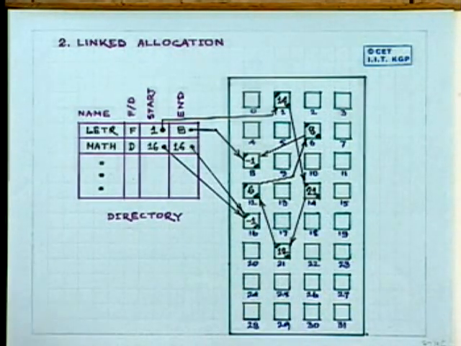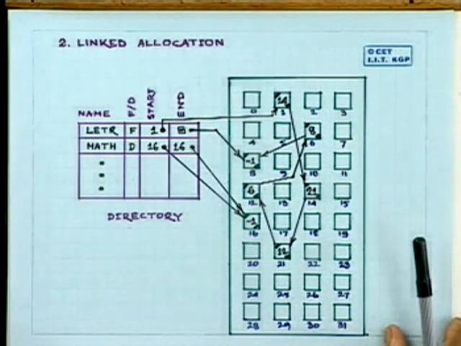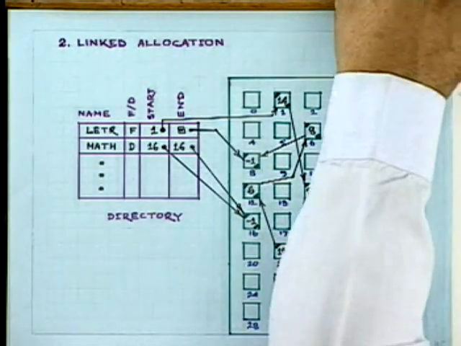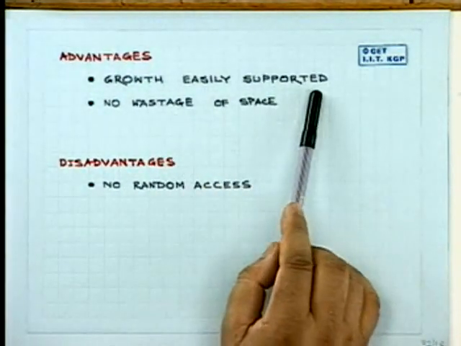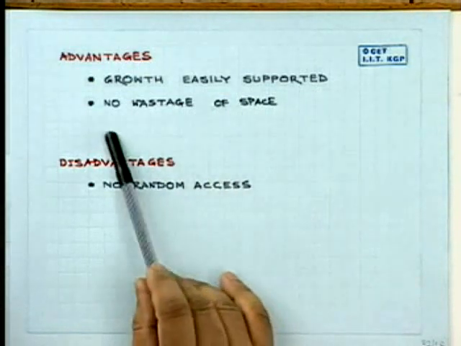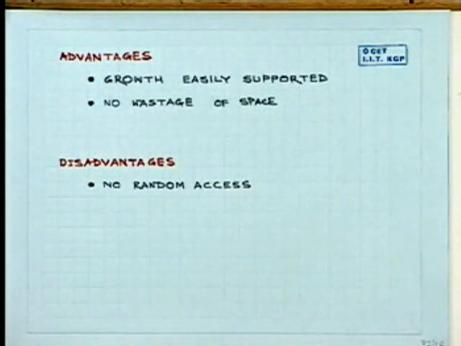This is our linked allocation, and in the case of a linked allocation, you can see immediately the advantage we get is that growth is easily supported and we don't have any wastage of space. No holes are created at all. Every physical block can be kept track of, whether it is occupied or unoccupied, and can be allocated when files or subdirectories are created, and deallocated when files or subdirectories are deleted.